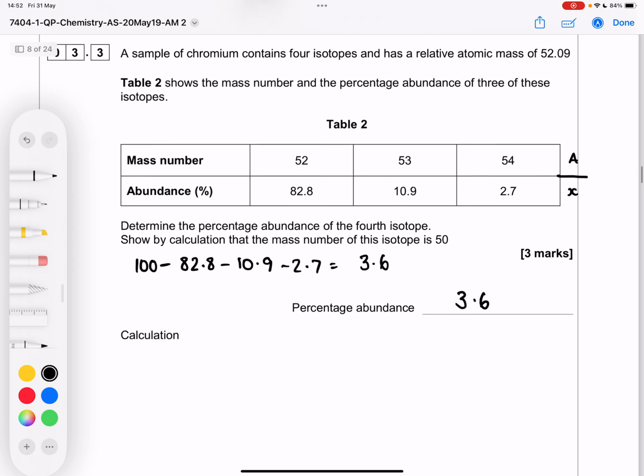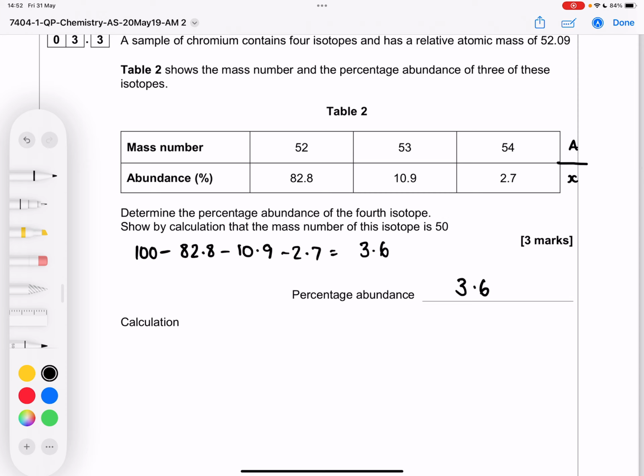Then we know that the relative atomic mass is the sum of the masses times the abundance, divided by the total abundance.